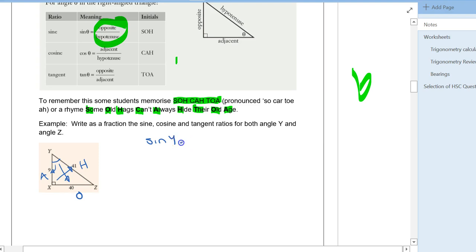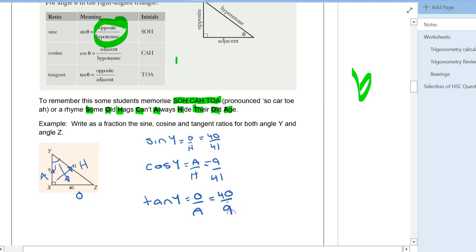So sine is opposite over hypotenuse, which is 40 on 41. Cosine y is adjacent over hypotenuse, and the adjacent is 9, so it's 9 on 41. And tan y is opposite over adjacent, which is 40 on 9.